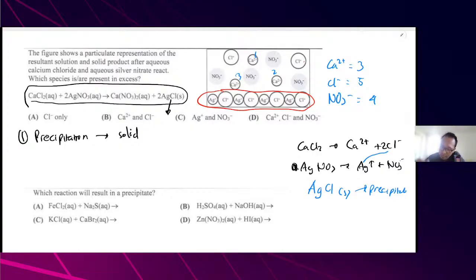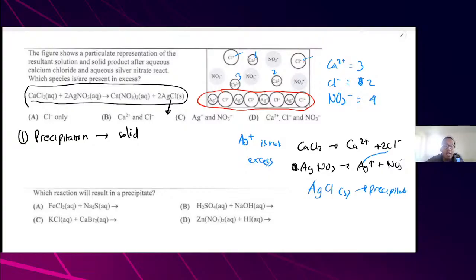So Ca2+ will be 3, exactly the same. How about the Cl minus? It will be just 2, because just this and then this, and then NO3 minus will be 4. This tells us that Ag+ is not in excess.